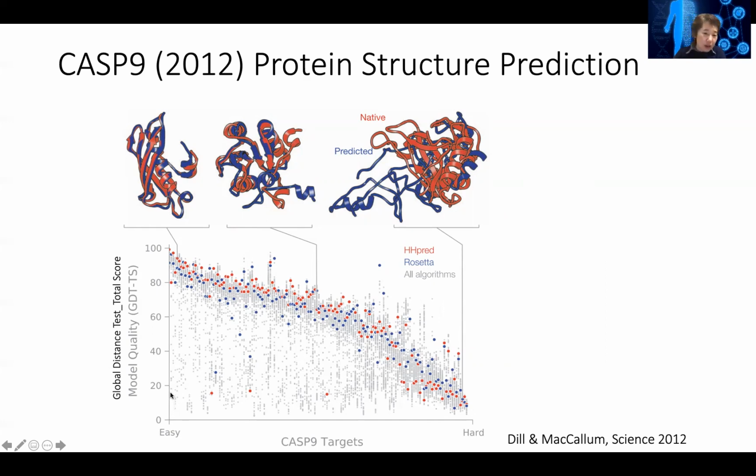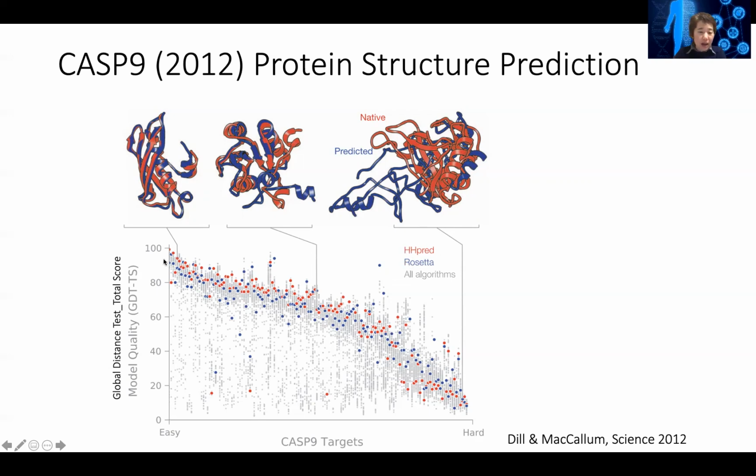Each dot here is one prediction, and the targets, or the proteins, that are easy to predict are on the left, whereas those that are really hard to predict are on the right. For each target, you can see there are multiple predictions. And here, shown in two different colors, are the overall best two predictors. One is HHpred, the other is Rosetta.